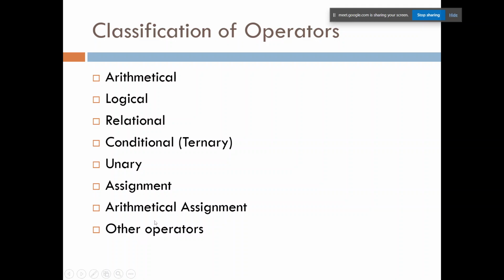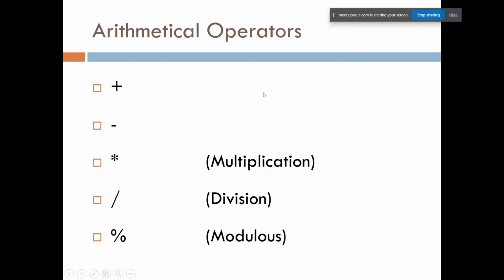Okay, so let's get started with the arithmetical operators, which are very familiar to most of the students. Coming to the arithmetical operators, we have plus for addition. I did not write it here because we know it. Plus is for addition and minus is for subtraction. Coming to multiplication, we use the asterisk symbol, guys.